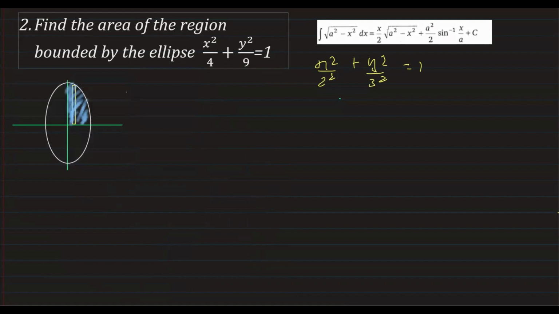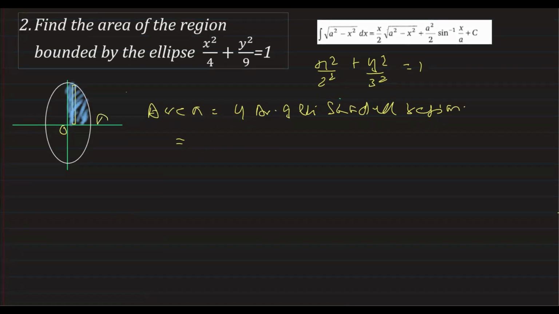And we'll write down the statement, that is whatever the area we have to find out will be 4 times the area of the shaded region. The other thing that you can do over here is to write down this figure as O, A, B, and name it.